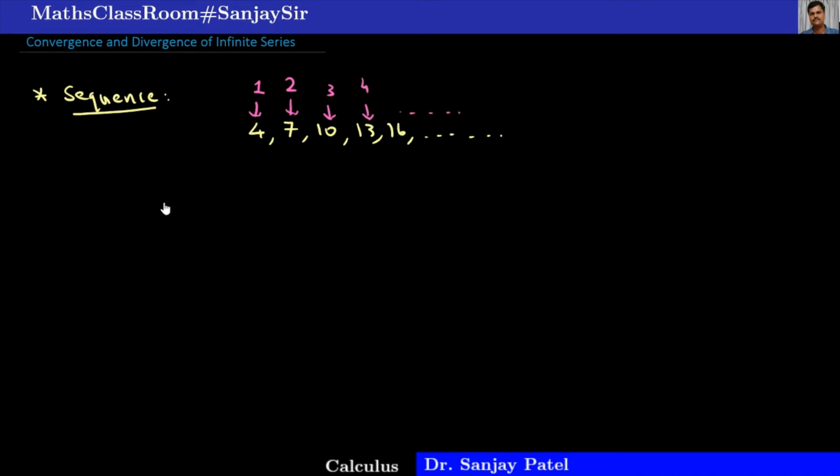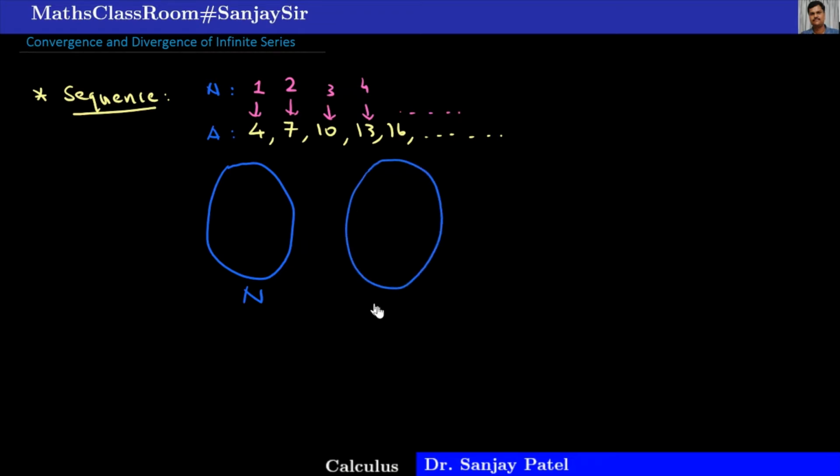One can think this way that there is a functional relation between two sets. One is the set of natural numbers, which is written in the first line, these numbers 1, 2, 3, 4 and so on, and another set is the set A, which contains the terms of this sequence. So one can think of a function from the set N to the set of the given numbers.